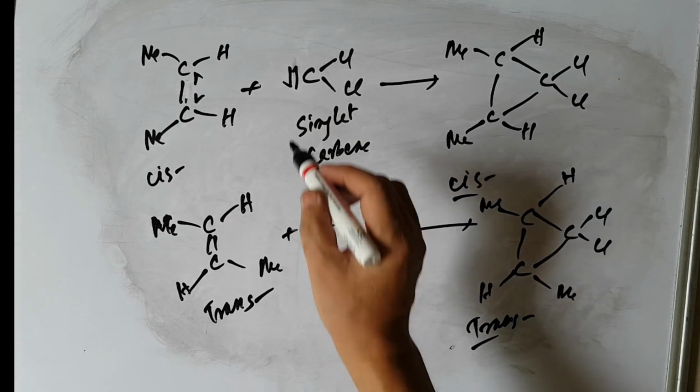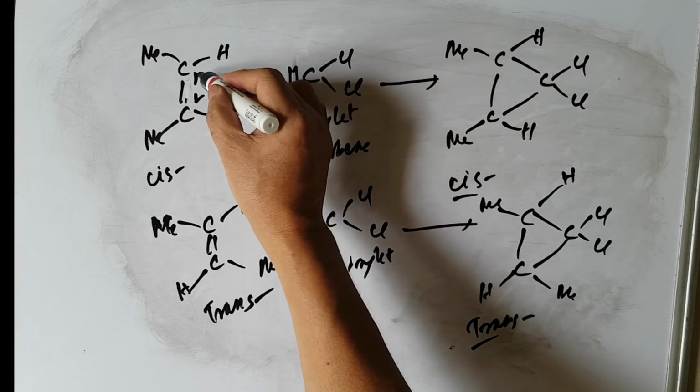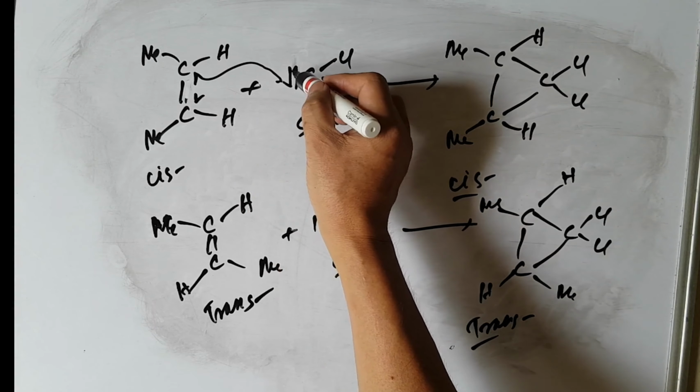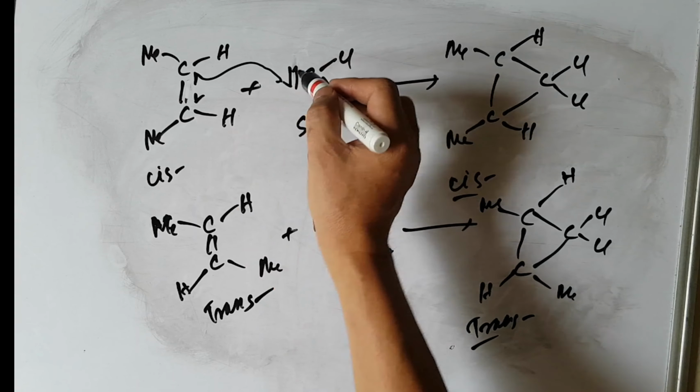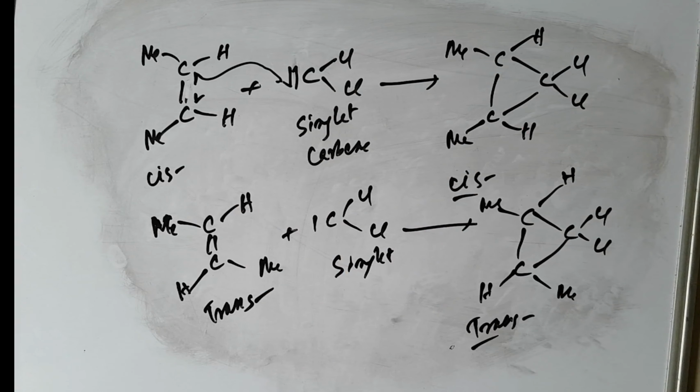So this up will pair with down, and down will pair with up. So you get a concerted reaction. The addition of singlet carbene to a C=C double bond is concerted, stereospecific and exothermic. That means cis will give cis product, trans will give trans product.